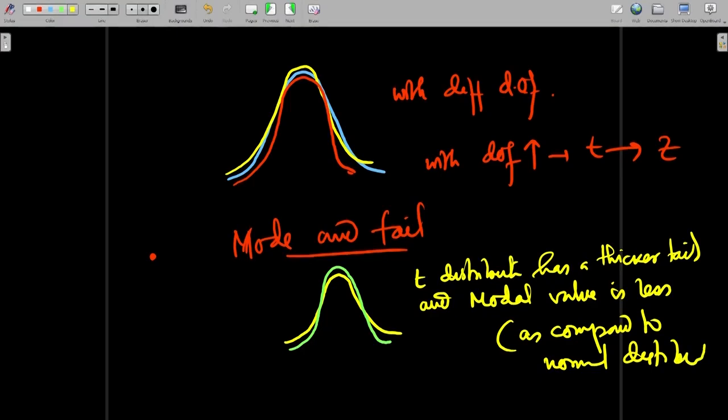So the modal value for the T distribution is here, whereas that for the normal distribution is here, and the tail for the normal distribution is thinner and for the T distribution is thicker. These are very important when we are going to do significance testing.